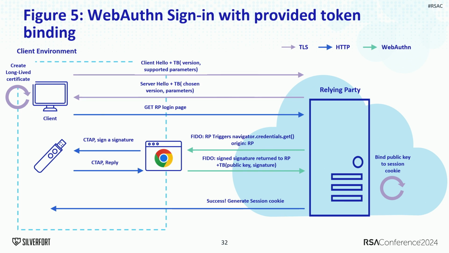And then the entire authentication mechanism continues. As we've seen before in the direct approach, in the simple use case, the relying party requests the login page, and FIDO triggers the navigator.credentials.get function, and the FIDO or other modern authentication continues.